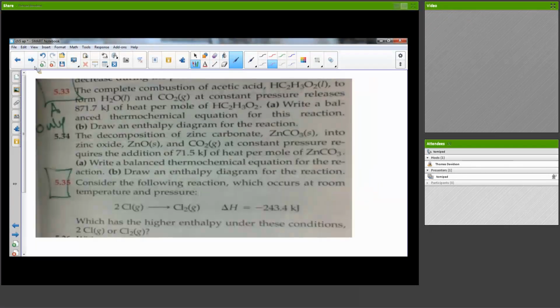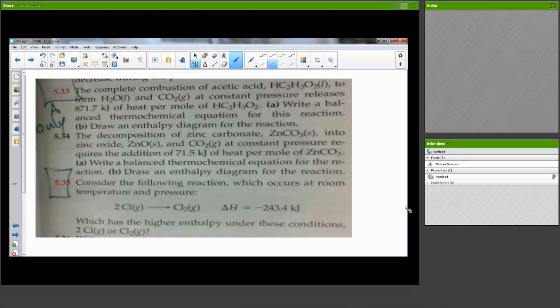Next up, 33A. Both of these are just kind of thinkers. We'll work through them together. 33 says the complete combustion of acetic acid to form that at constant pressure releases that many kilojoules of heat per mole.